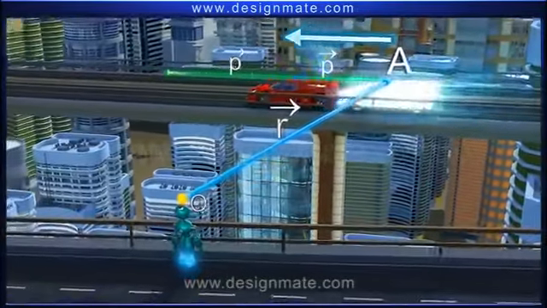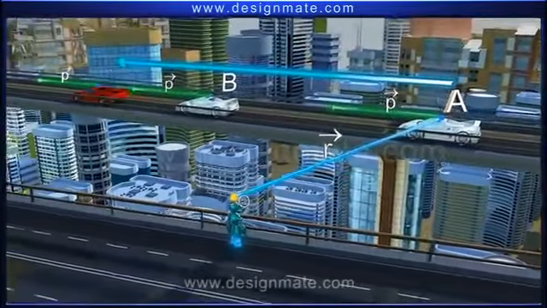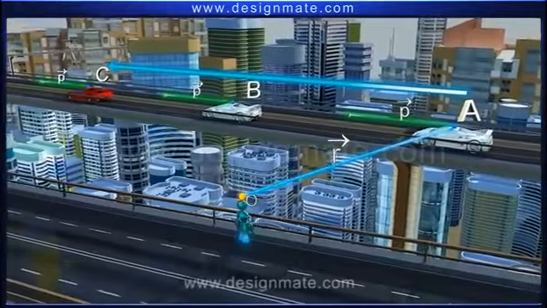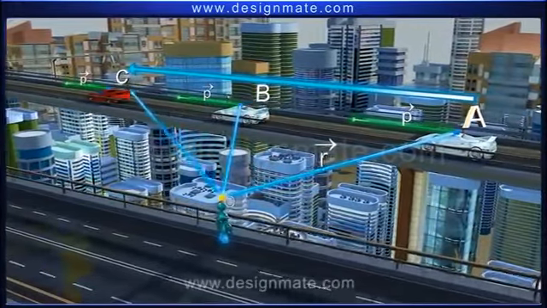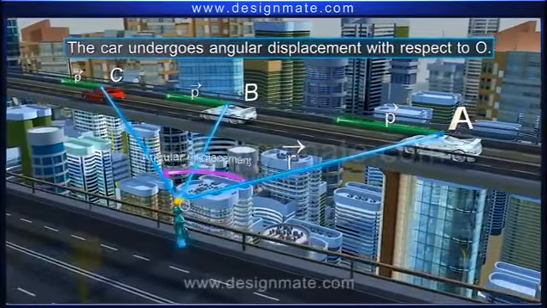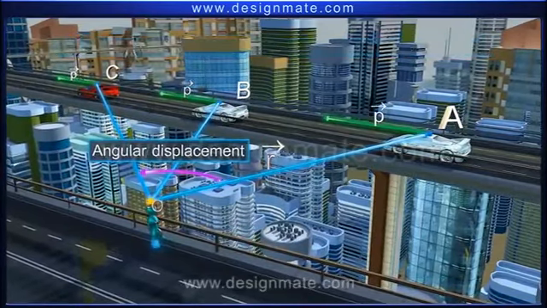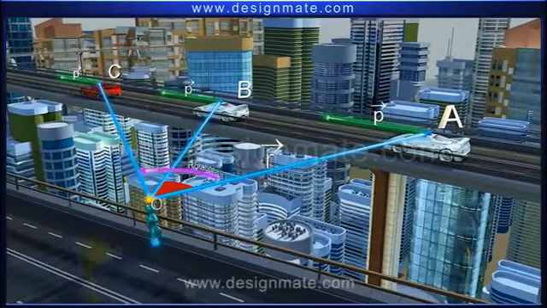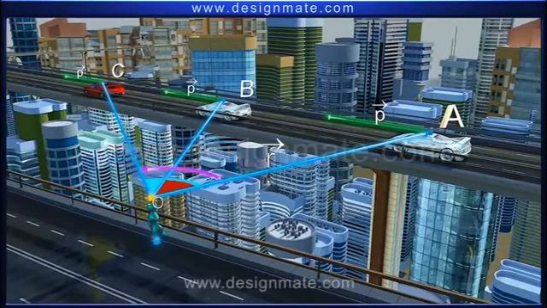We can see that although the car moves in a straight line, its position vector r rotates around O. So, we can say that the car undergoes angular displacement with respect to O. Thus, the same car can be attributed rotation with respect to the observer at O.